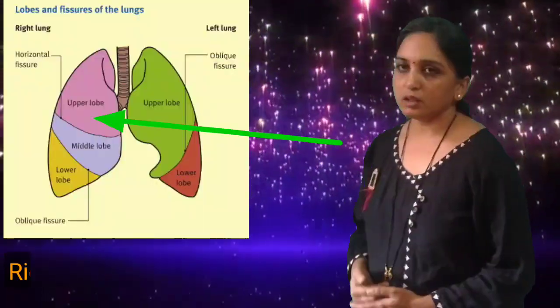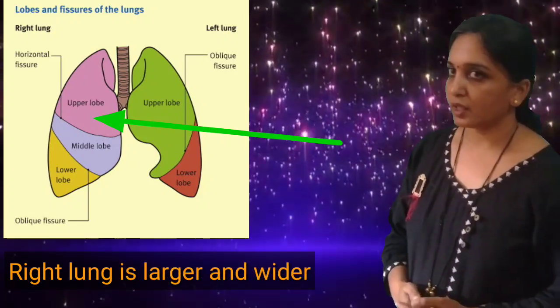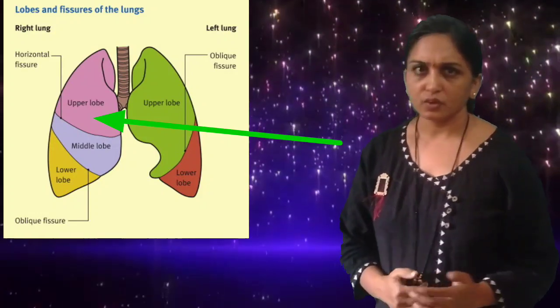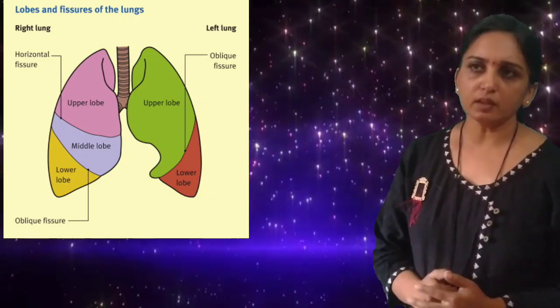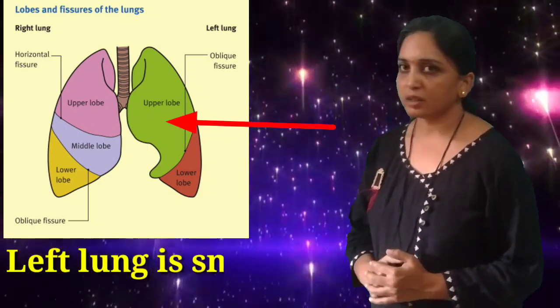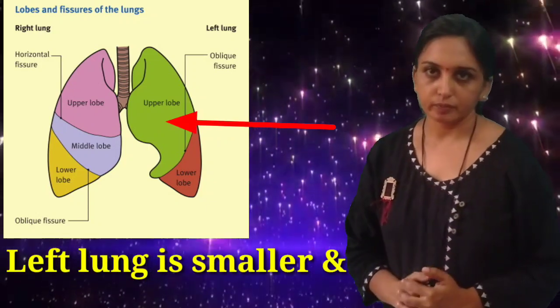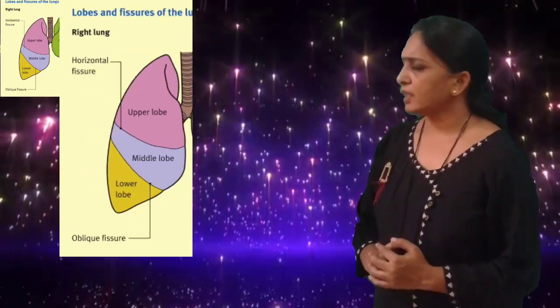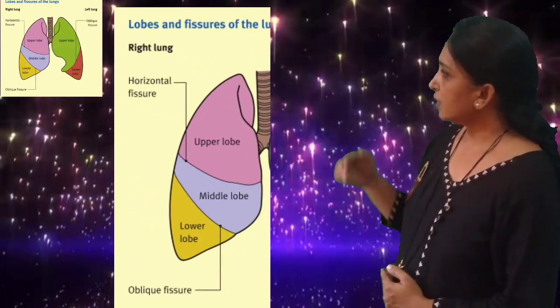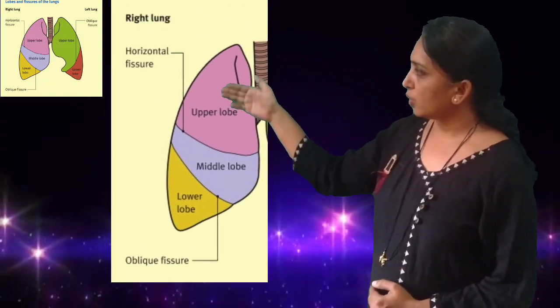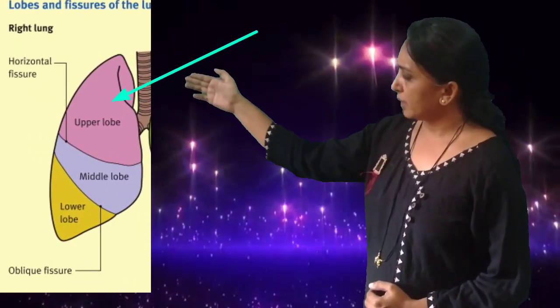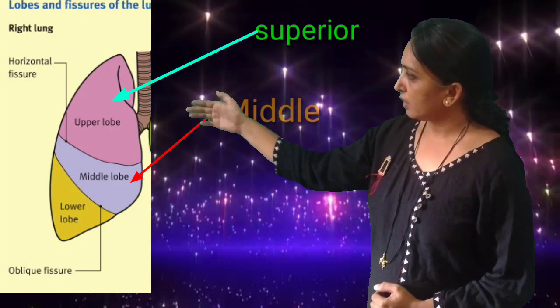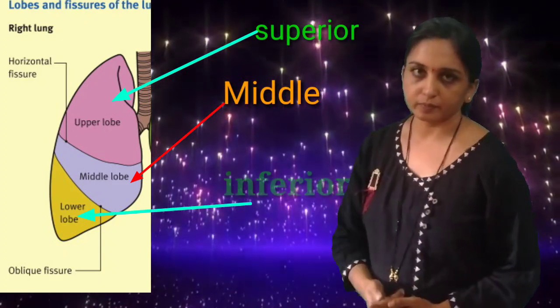Right lung is larger and wider, while the left lung is smaller and narrower. This right lung is divided into three lobes, that is superior, middle and inferior.